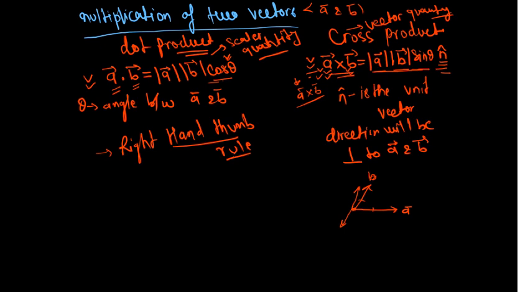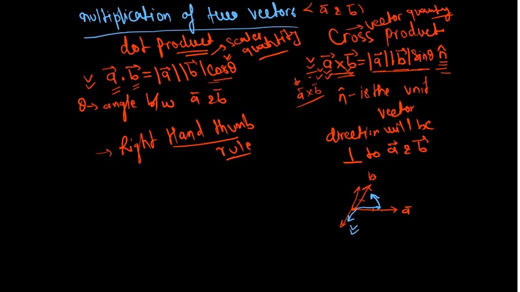So you put your fingers in the direction of A vector and curl them towards the B vector, the second vector. Then the direction of the thumb, in this case, is outside the screen. The direction of the thumb provides the direction of the cross product. So for A cross B, the direction of the thumb is outside the screen, and this will be the direction of the cross product.